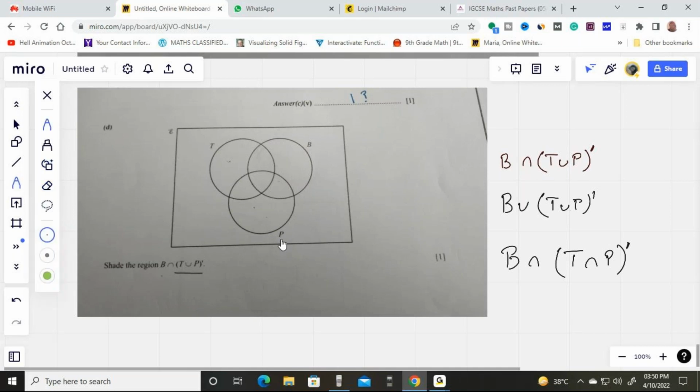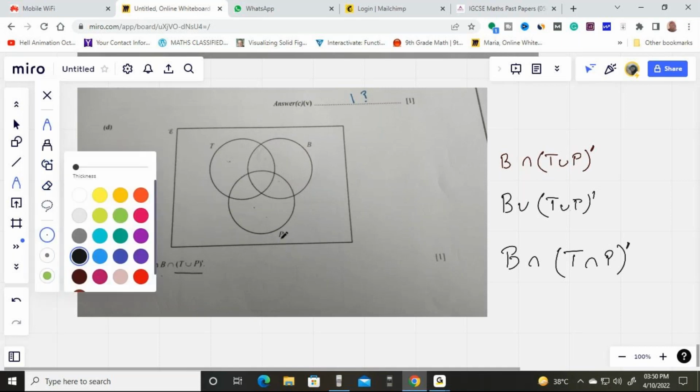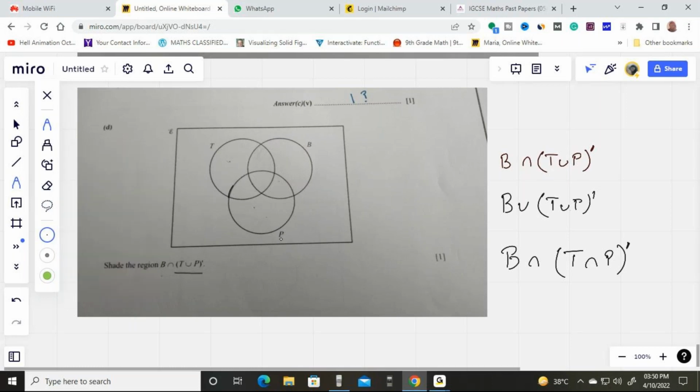Now here you see T intersection P is actually this. The region which is outside this black petal is T intersection P whole complement. Are you getting me?